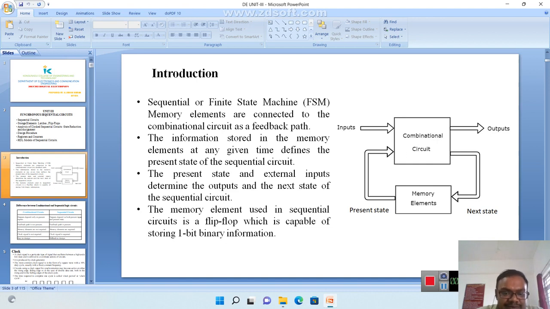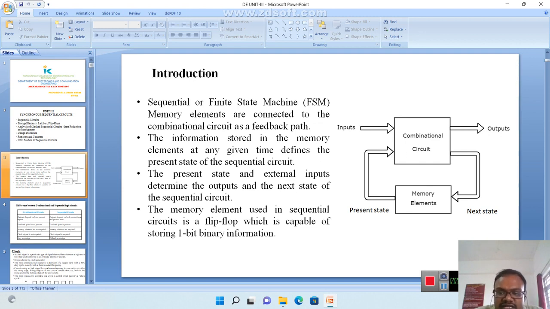Once again, the present state, the current state, and the external inputs determine the output and the next state. The final point: the memory element used in a sequential circuit is a flip-flop, which is capable of storing 1-bit memory information. Okay. Now see the diagram.